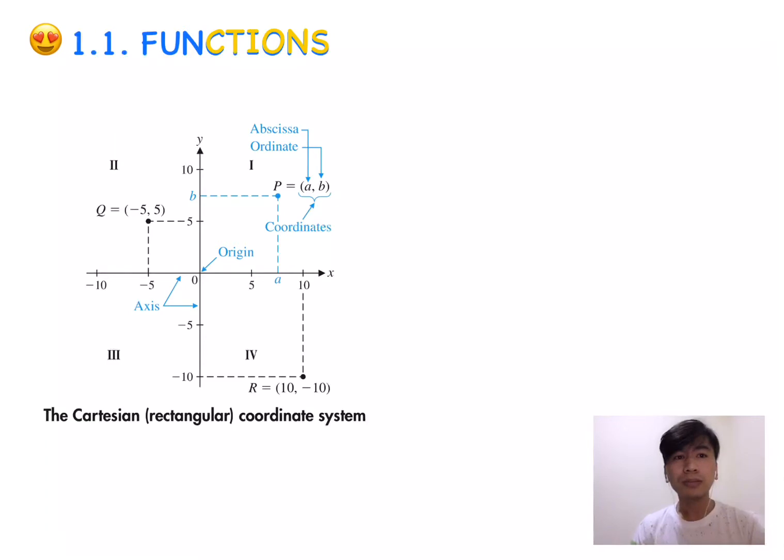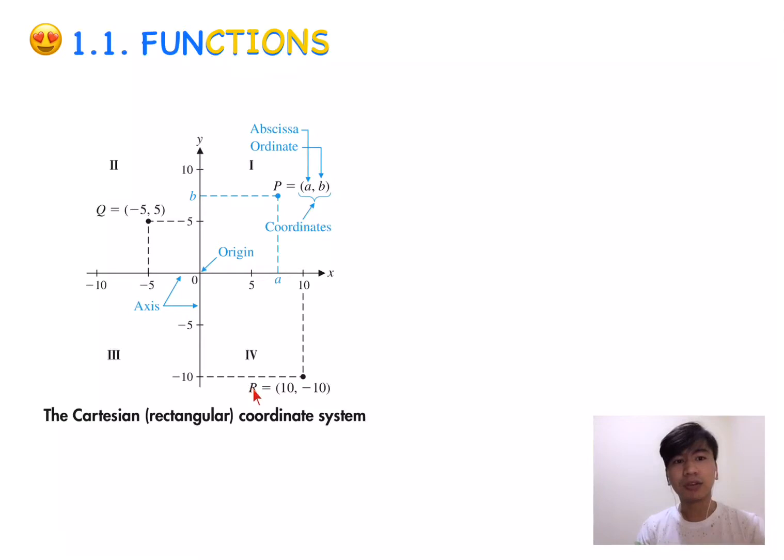Now let's say we have a point P. This point P can be expressed in two numbers, the abscissa and the ordinate. A stands for the abscissa, B refers to the ordinate, and we call these the coordinates, and sometimes also ordered pairs.